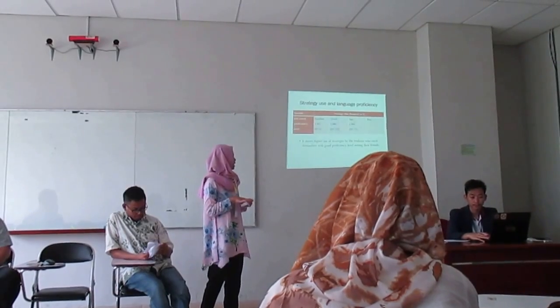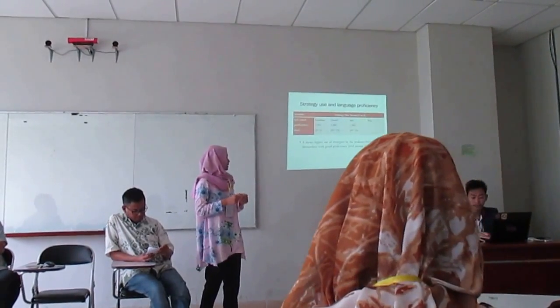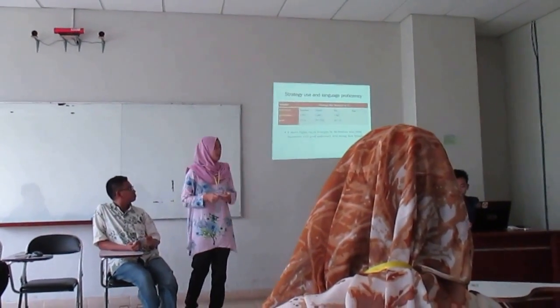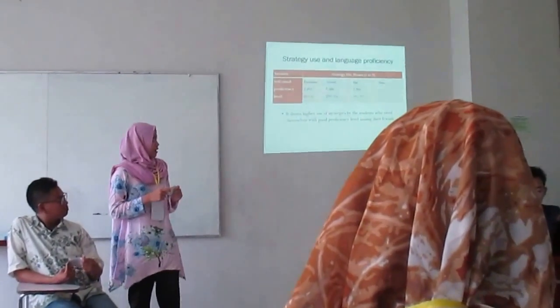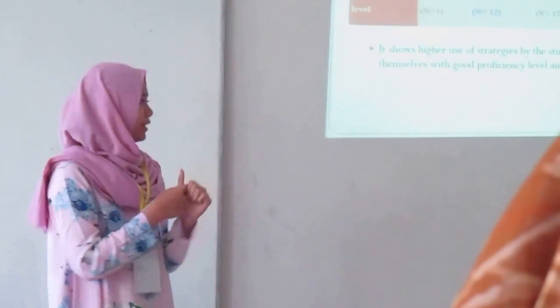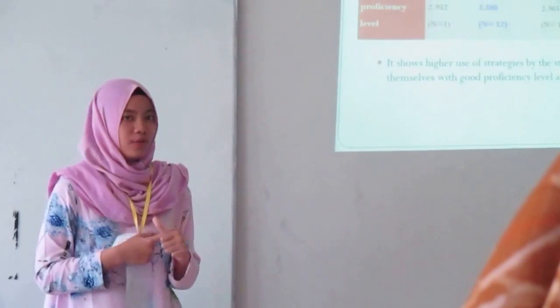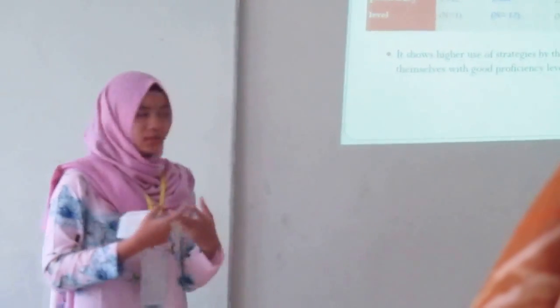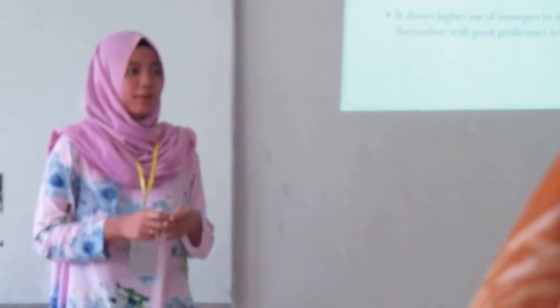And here we can see the students' self-rated proficiency level. We can see here that from 30 students, there's 1 student with excellent proficiency level, 12 students who have good proficiency levels, and also 17 students who have fair proficiency levels.